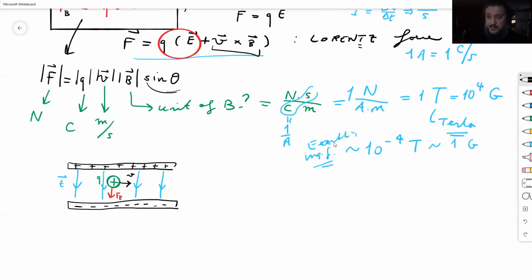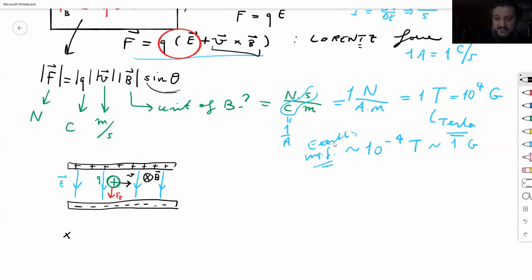So let's come up with a direction for magnetic field. How about a magnetic field which is going into the page? Now I'm going to use a symbol here, which is going to be a cross in a circle, and that will be the direction of the magnetic field. So here's the convention.